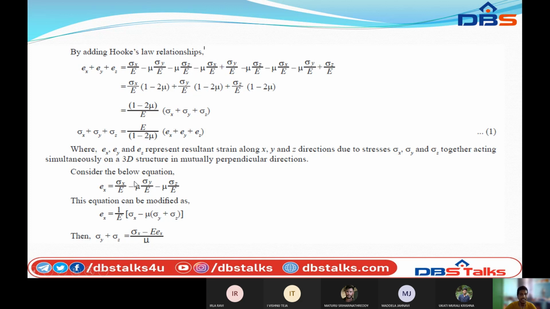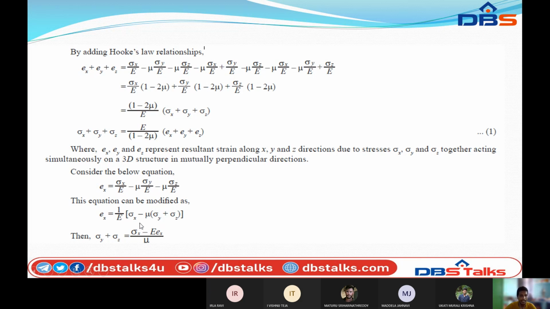And then, considering the equation below, I'm taking the first equation of strain in x direction: Ex equals sigma x by E minus mu into sigma y by E minus mu into sigma z by E. I am modifying this equation to simplify the above equation. Taking 1 by E as common, Ex equals 1 by E times sigma x minus mu into sigma y plus sigma z.